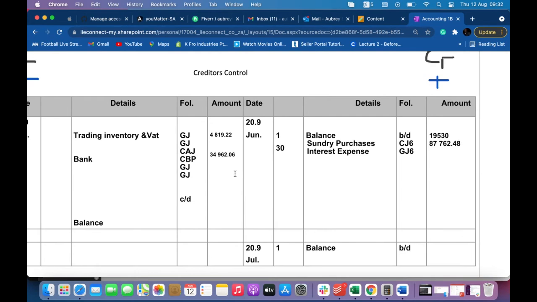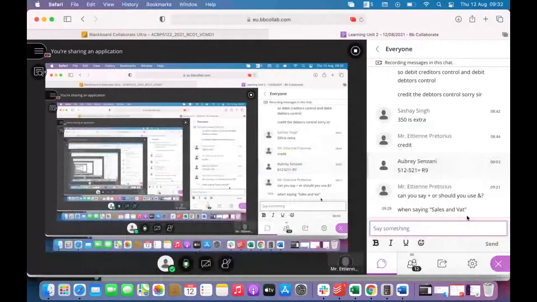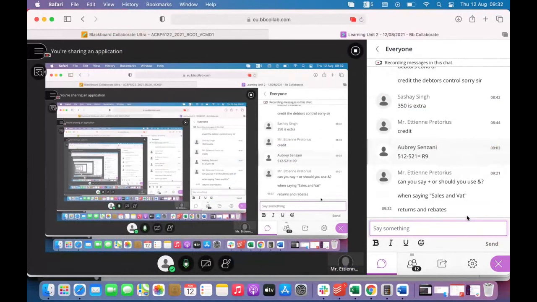Total of creditors column in the creditors allowance journal, sorry. Creditors column. Right, what's happening in the creditors allowance journal? Okay, by now you guys must be tired of these questions, because y'all know it's returns and rebates.